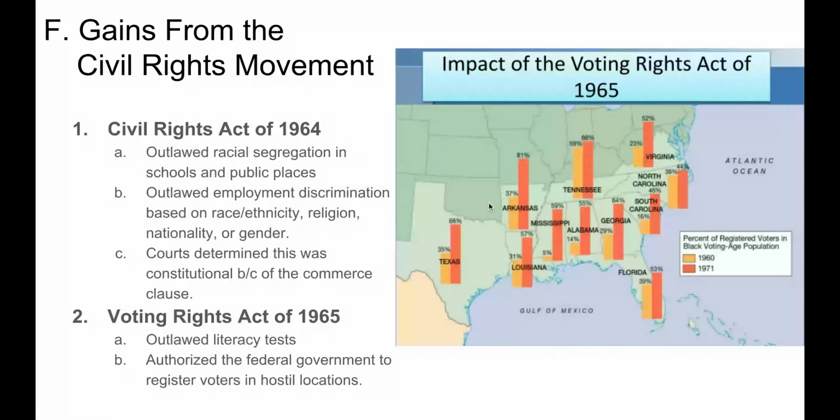And if you look over here on the right with this map, you can kind of see the impact that this had from 1960 to 1971, especially looking at places like Mississippi and Alabama, where it was especially bad. You see the jump in registered voters from the Black population, just substantial, because they removed these hurdles.